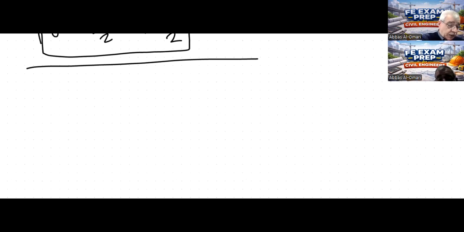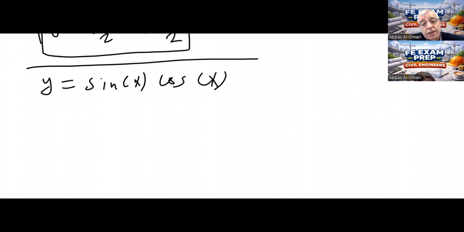So the next question, we have a function, and we want to determine the derivative of this function. We have y equals sine x cosine x, and we want to determine dy by dx.